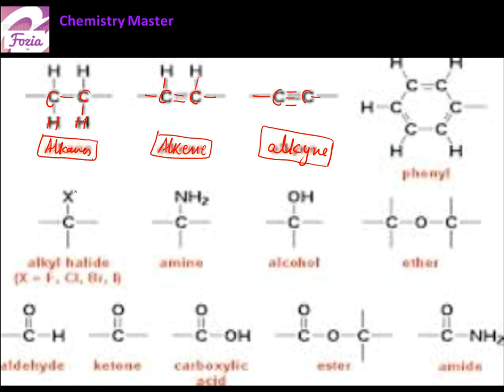When we find a halogen in their structure bonded to carbon, they will be separately classified and studied as alkyl halide. Having an NH2 group bonded to carbon, they will be classified in the amine group.